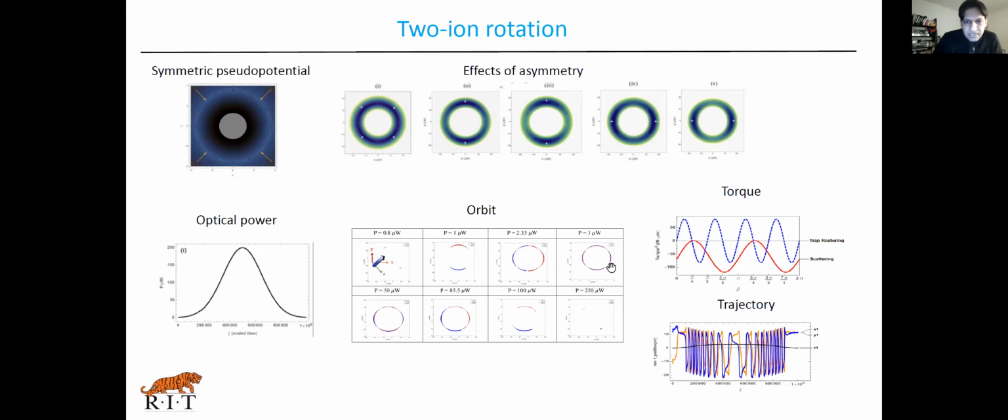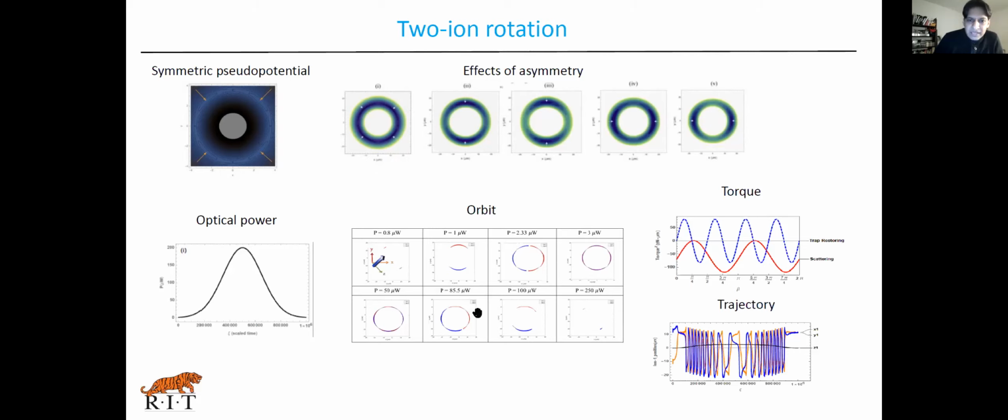Okay, so this panel shows what we see. At first, the 2 ions are simply vibrating with very small amplitude at the locations of the pseudopotential minima. Then if you crank up the power, they start oscillating with larger amplitudes, reaching almost around the whole circle and finally executing full rotation.